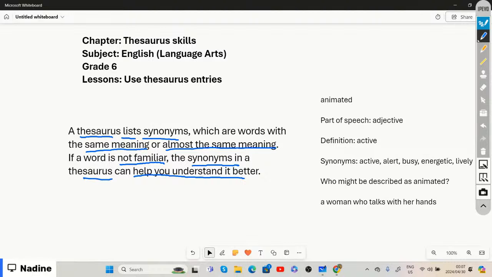If you don't know what the meaning of the one word is, then the synonyms within the thesaurus entry will give you an indication. There will at least be one of the synonyms that you will understand.